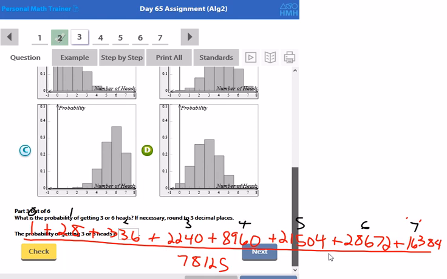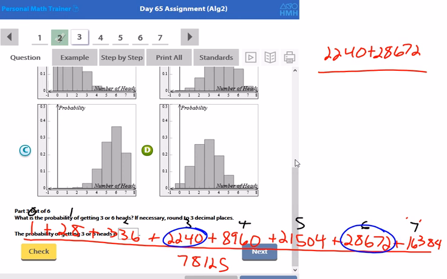What is the probability of getting 3 or 6 heads? If necessary, round to 3 decimal places. Okay, so 3 or 6 would be the 3 heads, which is 2240, plus the 6 heads, which is 28,672. So I'll write it up here, 2240 plus 28,672, because "or" probability means you're going to add, then divide that by 78125.